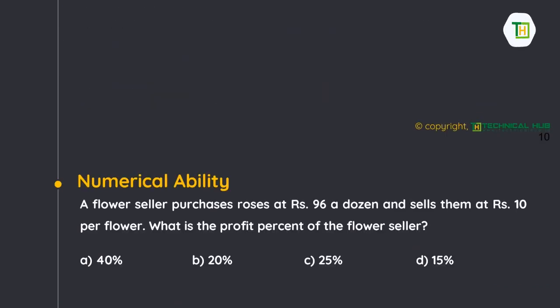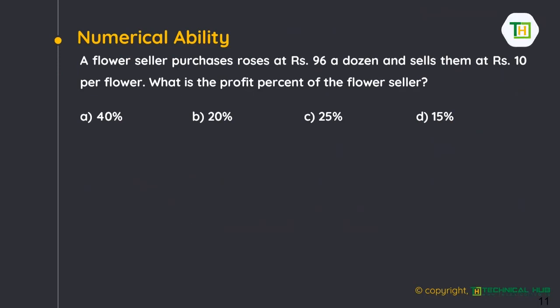Next question. A flower seller purchases roses at 96 rupees a dozen. A dozen means 12 flowers.